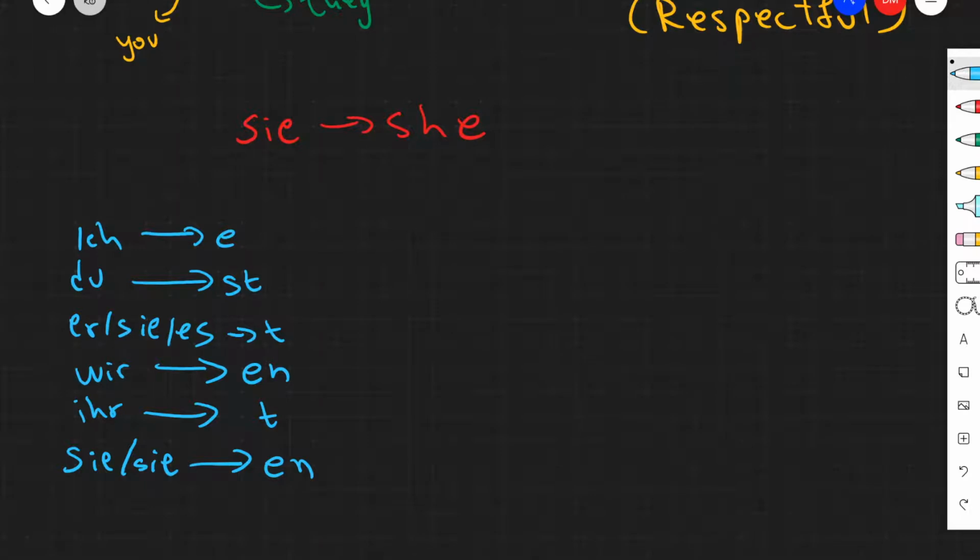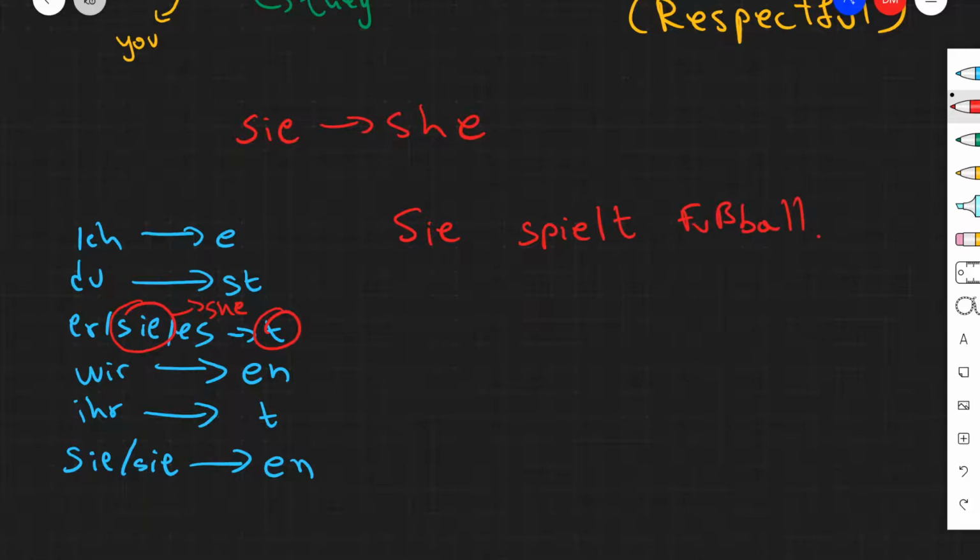So, if it is sie as she, then the ending of the verb will be T. For example, sie spielt Fußball. She plays soccer. If the ending is with EN, you know that it is either they or you singular.